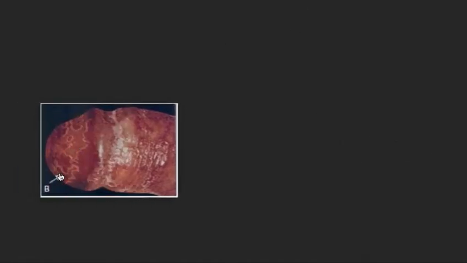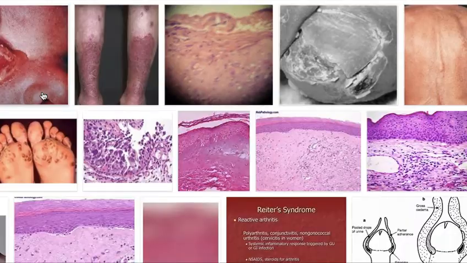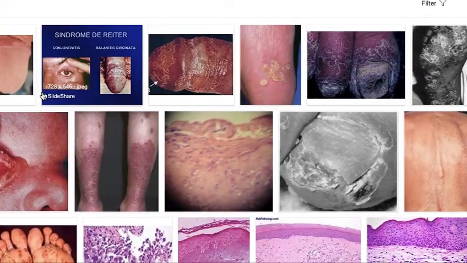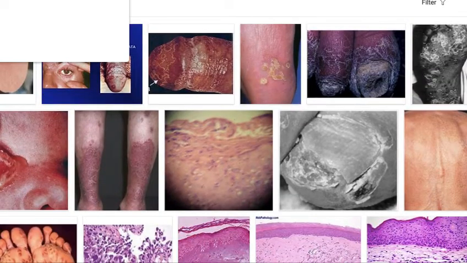See, they have painless ulcers on the glans penis, and also at the urethral meatus. This is diagnostic. Whenever the patients develop this thing, it is diagnostic for this condition. It is called balanitis.